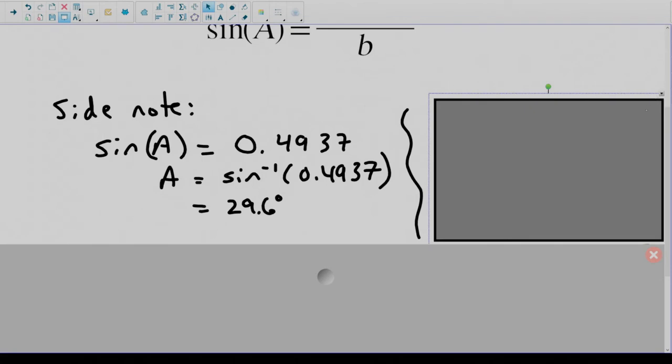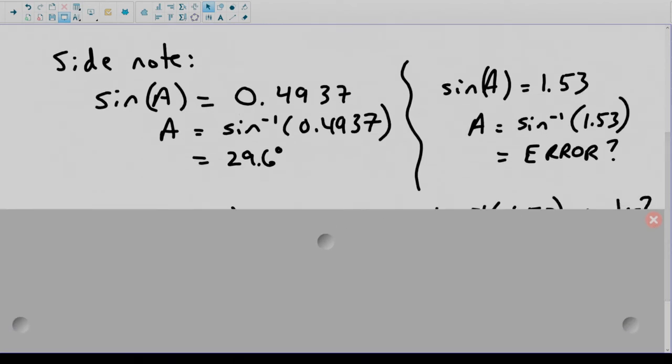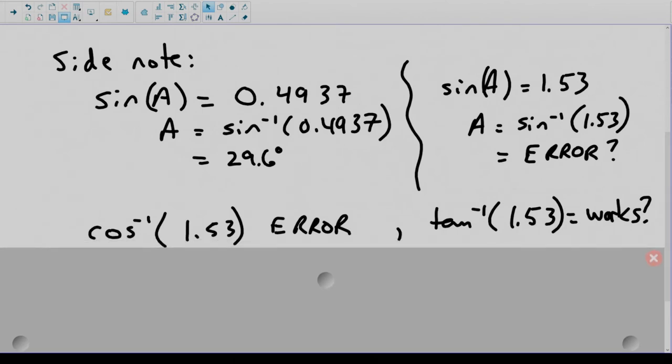Now what about this scenario? If I had sine A is equal to 1.53, if I try to arc sine that, I get an error. Why do I get an error there? And what's interesting is if you do the arc cos of 1.3, you also get an error.